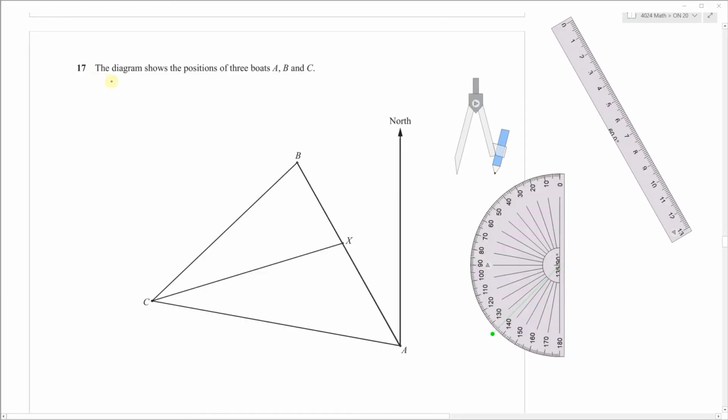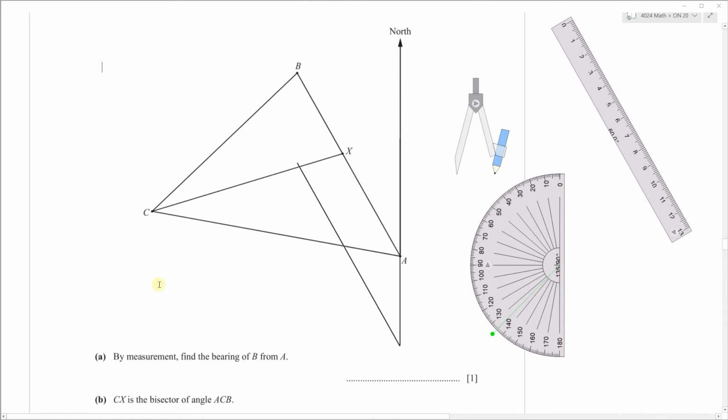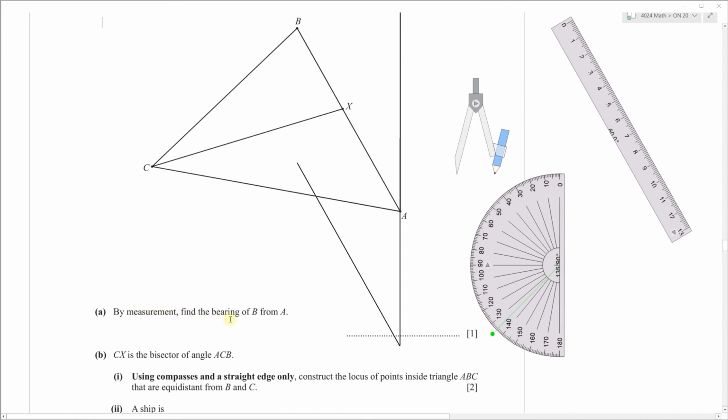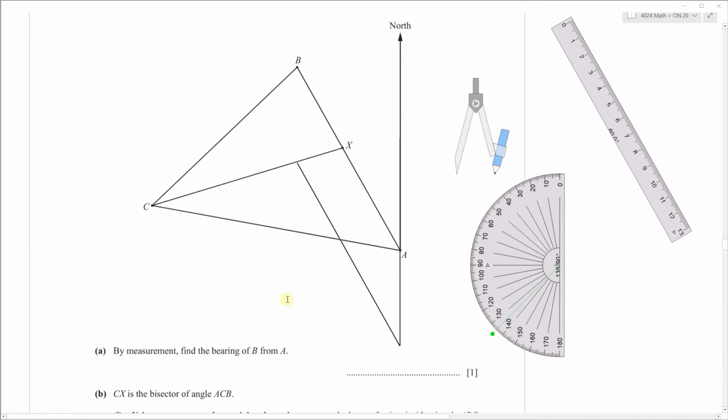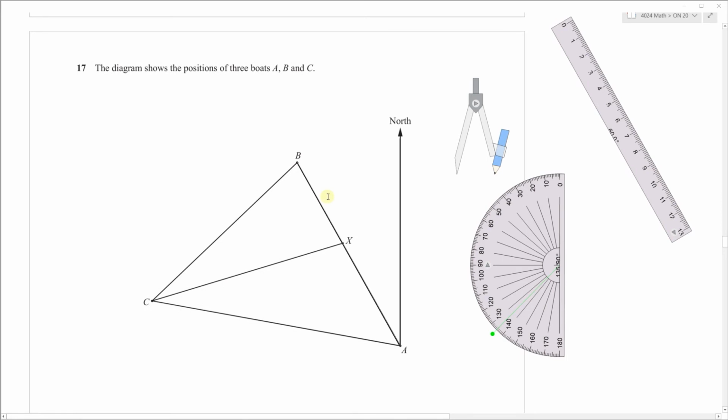Question number 17: the diagram shows the positions of three boats A, B, and C. By measurement, find the bearing of B from A. So B from A, your bearing will be this angle here.